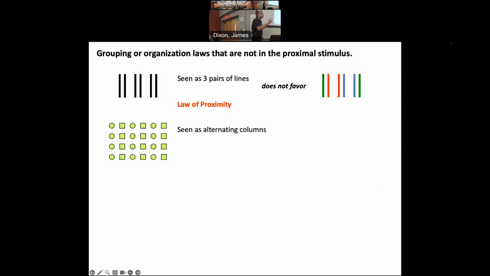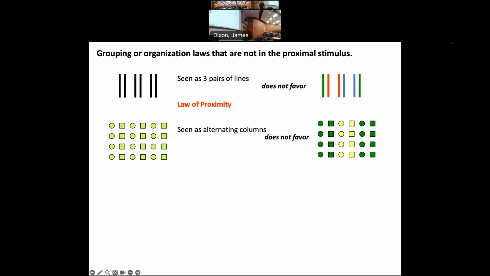Another illustration. So we tend to see this as alternating columns of figures. That's a favored interpretation. Again, the color coding just shows you that other things could exist.